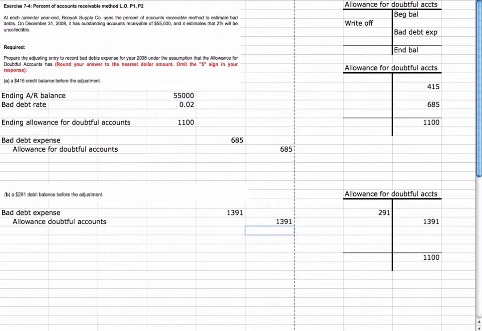So that's the journal entry when we basically use the accounts receivable method in order to determine how much we should have in our ending allowance for doubtful accounts. Not too bad. So let's do a little more complicated problem that tries to bring this all together.